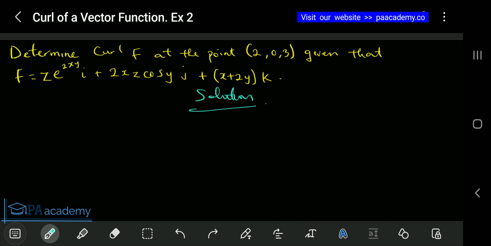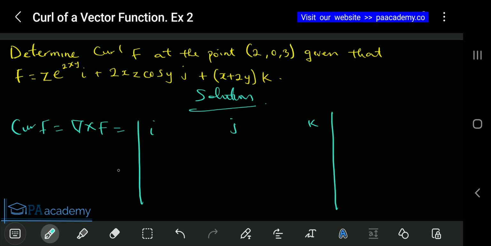Alright, so let's look at this curl f. Since you are asked to determine curl f, that is the mathematical representation of this. Since it's curl, let's draw our matrix. We are going to have our i, j, and k on the first row. On the second row, we are going to have the partial differential over x, partial differential over y, and then over z.